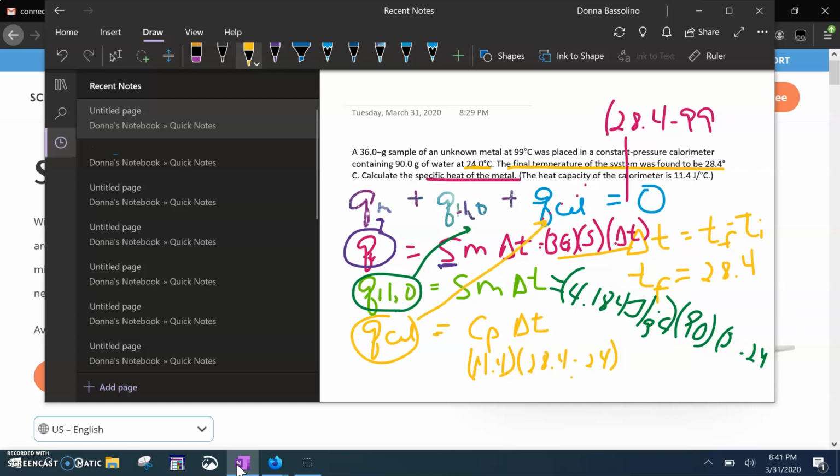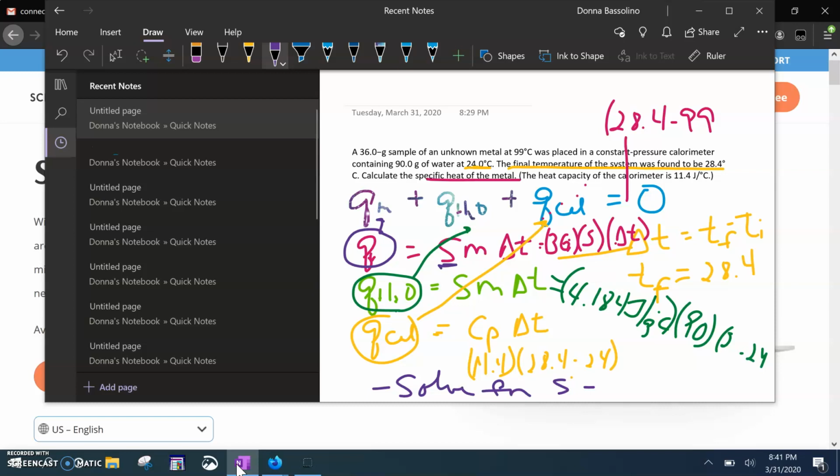And all three of those numbers have to add up to 0. And it works out pretty nice because if you remember, this number is going to be negative because delta T is negative. So you bring the negative one over to the other side, and you just add them up, and then you solve for S. So I'm not going to do the actual work because everybody's going to have different numbers because these things are algorithmic, but this is how you would do that one.